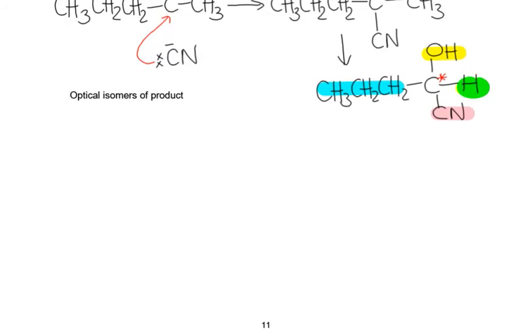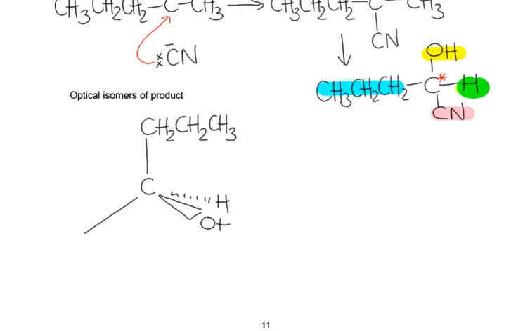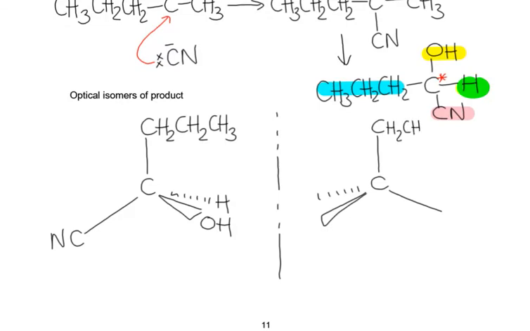Now if you remember from a previous video, my top tip on this is to make sure you can do your tetrahedral shape beautifully, and then always put the most complicated or the longest, biggest group at the top, easier to reflect, and the smaller ones down here, and you can put these in any order you like, just making it easier for yourself because you're going to draw a mirror image of it. So having the biggest one here, which was our blue group up there, and our small ones close to the mirror, makes it easier.